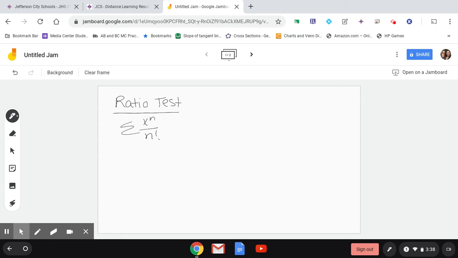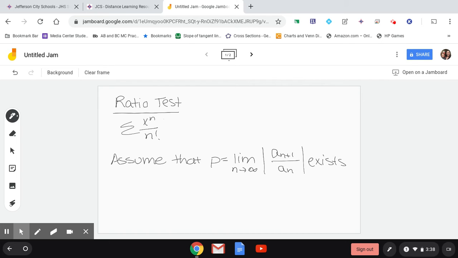So the ratio test says, assume that P equals the limit as n approaches infinity of the absolute value of a sub n plus 1 over a sub n exists. So this is another test that uses a limit.